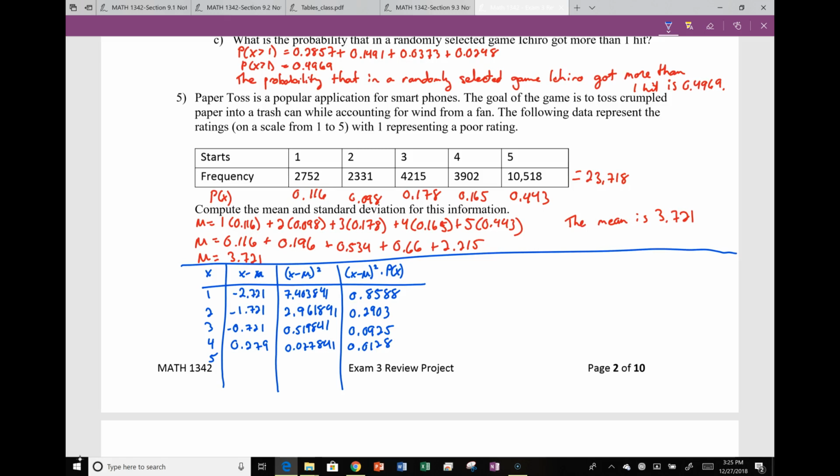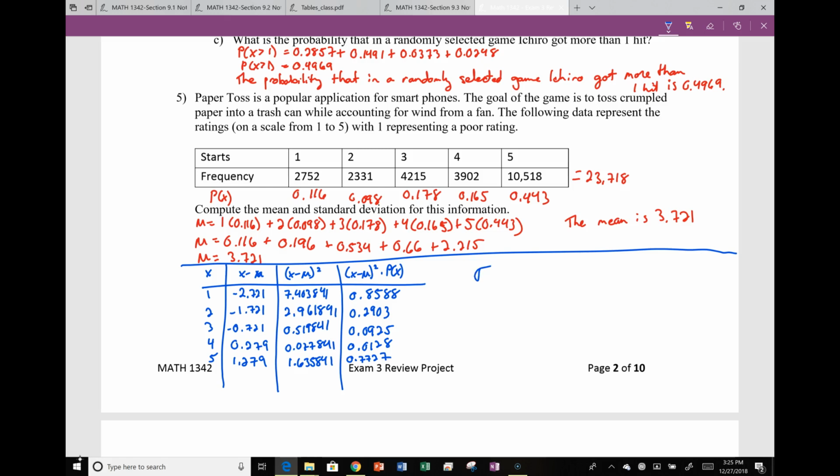5 minus 3.721 will give me a 1.279. 1.279 squared will give me a 1.635841. We need to multiply this by its probability of 0.443, and we get a 0.7727.